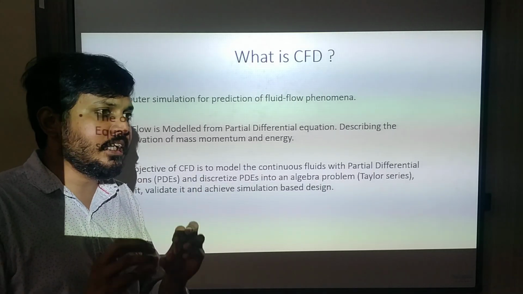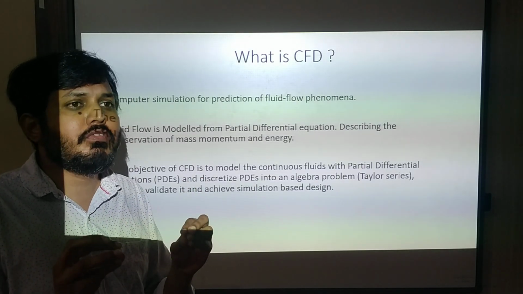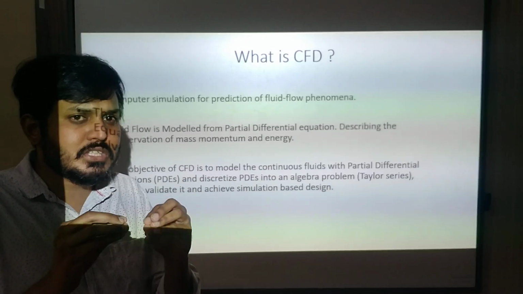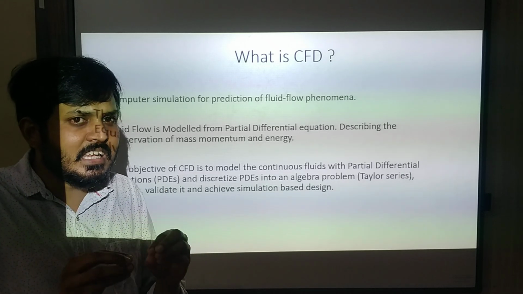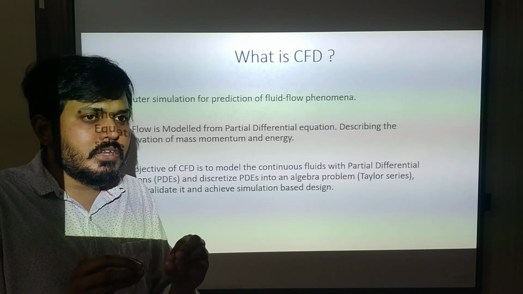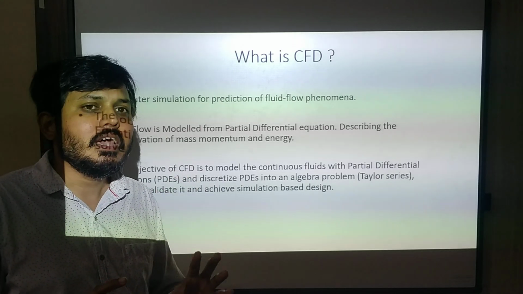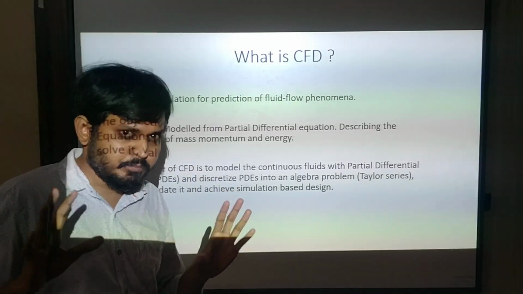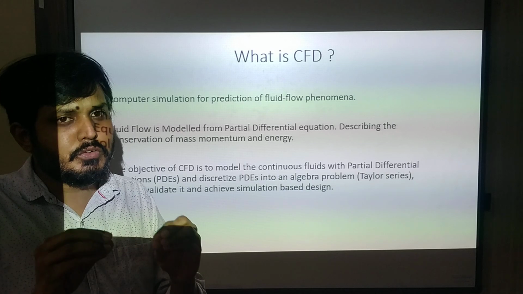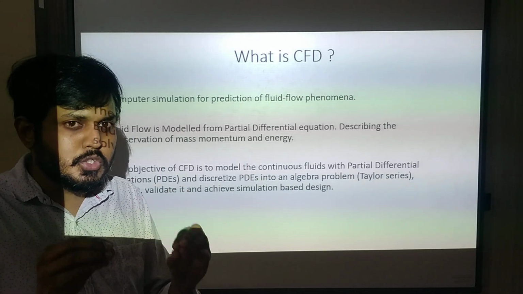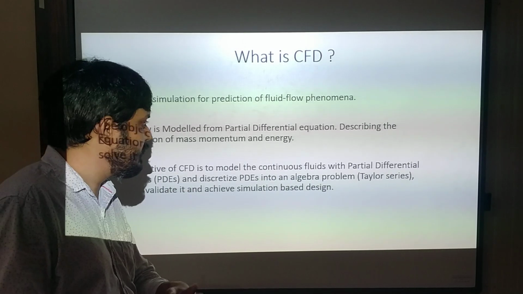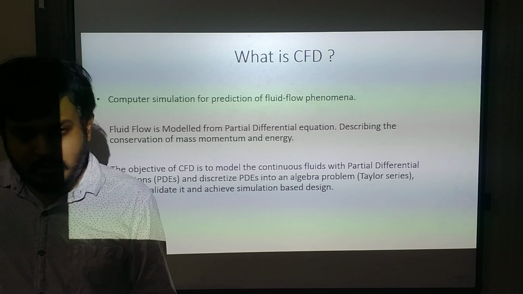What is the simple meaning of continuum? We can discretize our continuous function with respect to space and time. That is nothing but continuum. Very easy: we can discretize our fluid flow properties with respect to space and time. This is the basic regarding the continuous fluid.